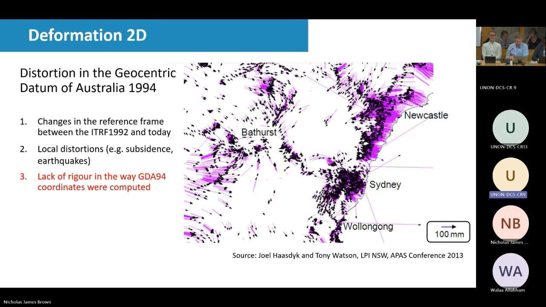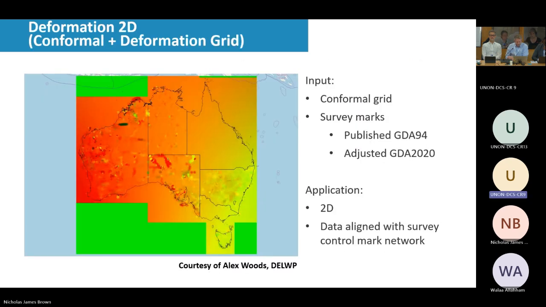So how can we fix that? This is what that sort of distortion looks like at a continental scale. It's not smooth. You can see only in Queensland is it smooth. And it's not because Queensland was perfect in the northeast of Australia, but they took a different approach. They had gone through and recomputed and readjusted coordinates over time.